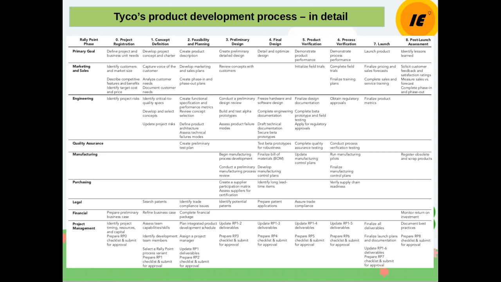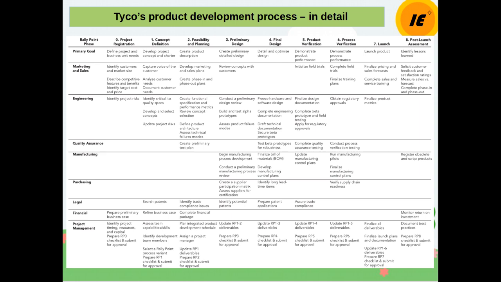So engineering, basically, is the core R&D division from our perspective, but each team is equally important. In project registration, which is something we haven't discussed, this is part of a customized version for Tycho's product development process.